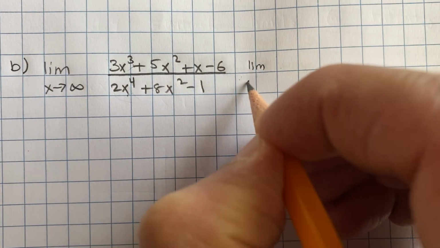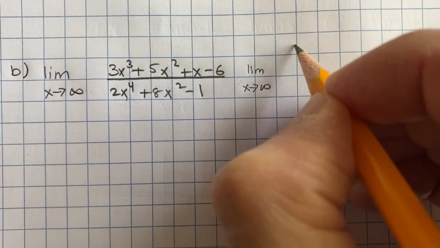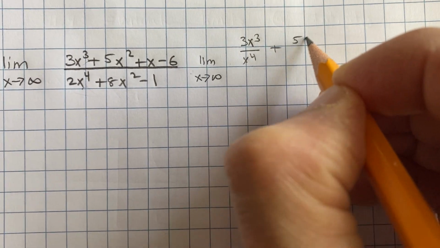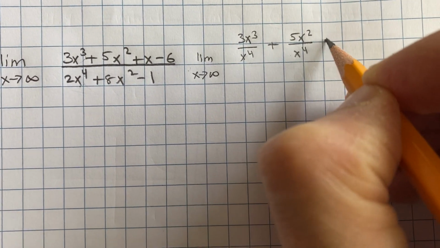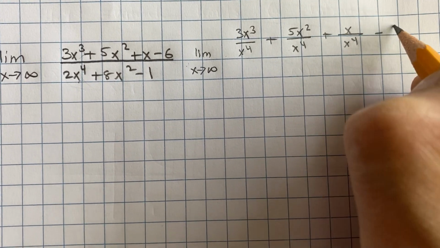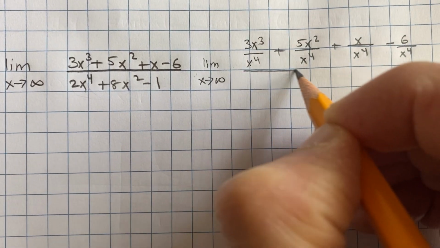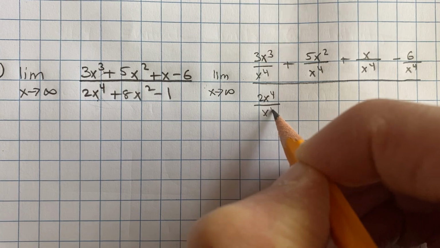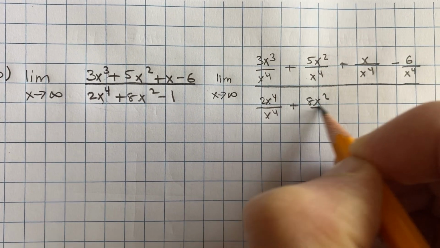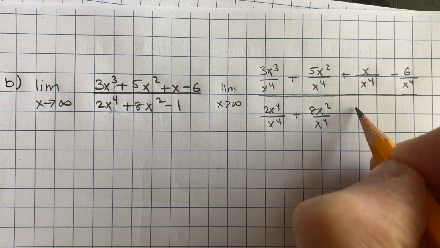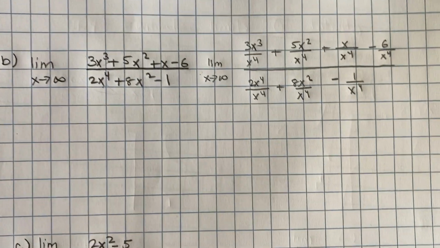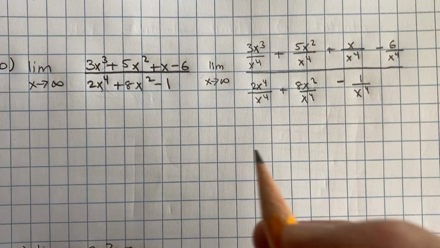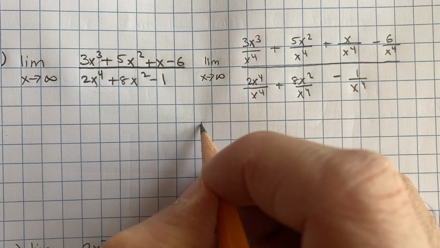It's just a lot of writing here. 3x cubed over x to the 4th plus 5x squared over x to the 4th plus x over x to the 4th minus 6 over x to the 4th, over 2x to the 4th over x to the 4th plus 8x squared over x to the 4th minus 1 over x to the 4th. Okay, so what I would do is cancel out common factors, and then you can evaluate as x approaches infinity.